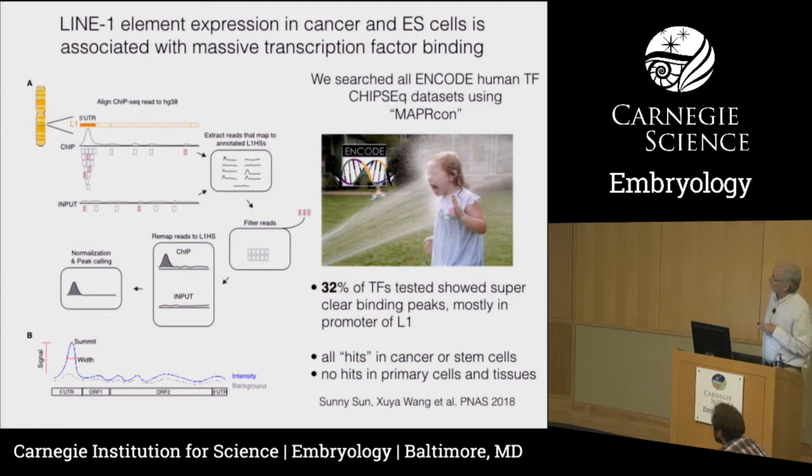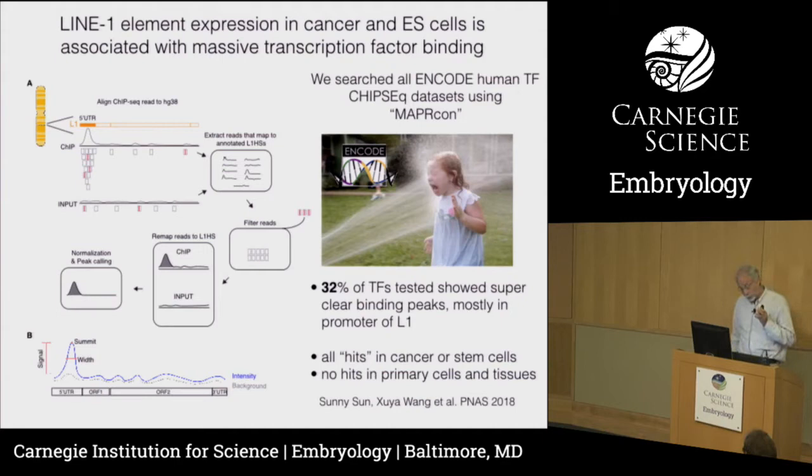We wrote a pipeline called MapperCon that basically maps reads, deep sequencing reads from ChIP-seq to a consensus sequence for retrotransposon of interest, in this case LINE-1. And then this gives you this very nice set of peaks.